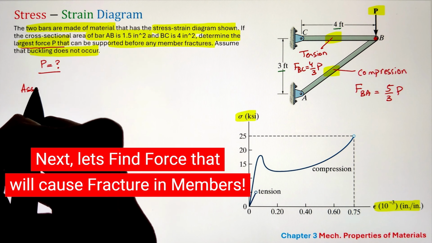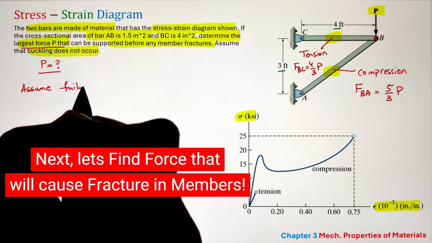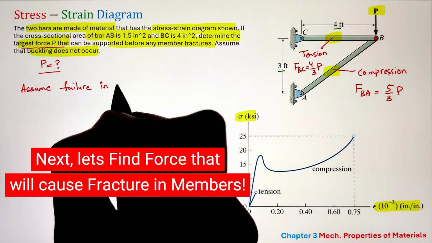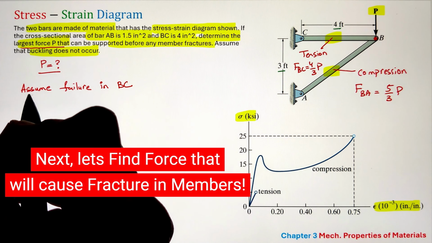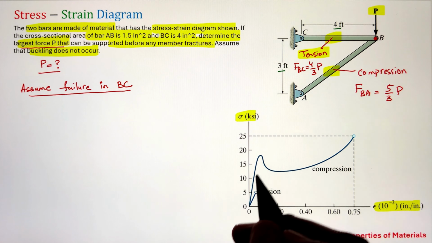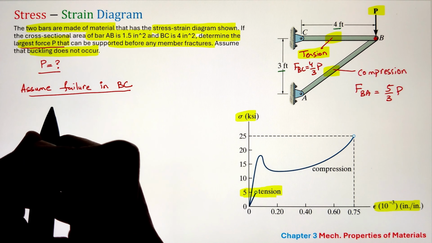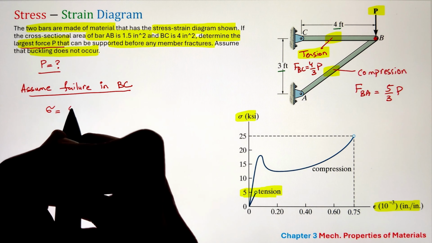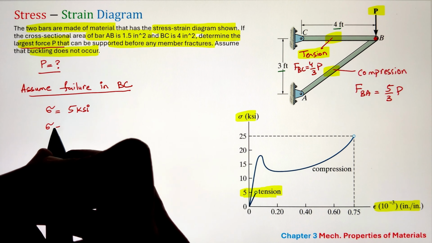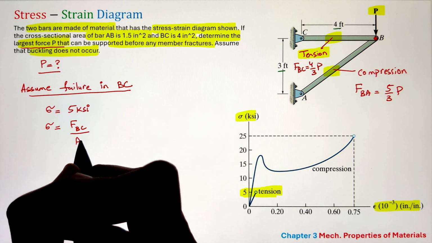Now, once we have identified the internal forces in the members, let's figure out the maximum value of P at which these members will start failing. Let's assume the failure in member CB first and calculate the value of P. To do that, we calculate the stress generated and compare it with the maximum tension this material can sustain. In tension mode, the maximum stress at which failure takes place is 5 ksi.